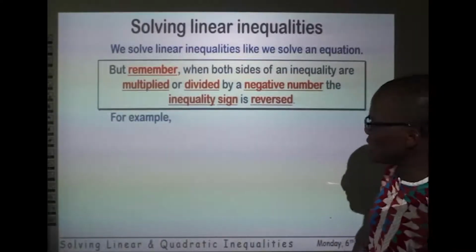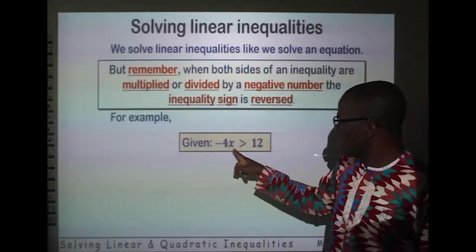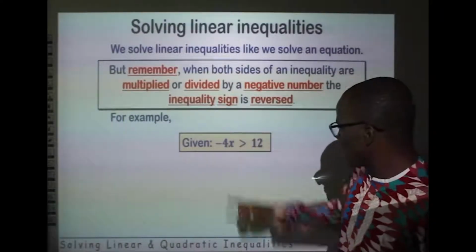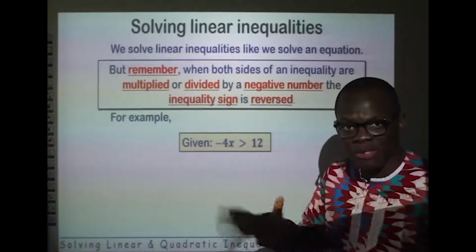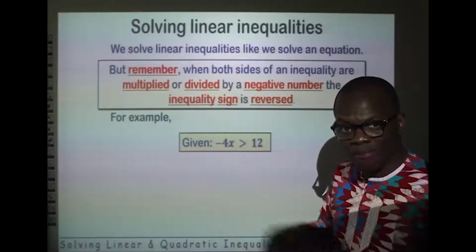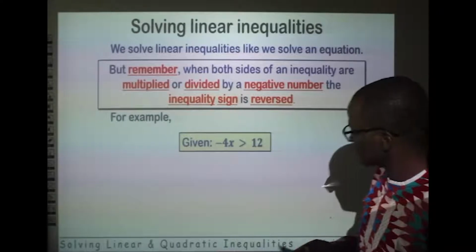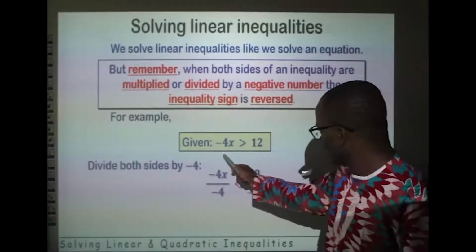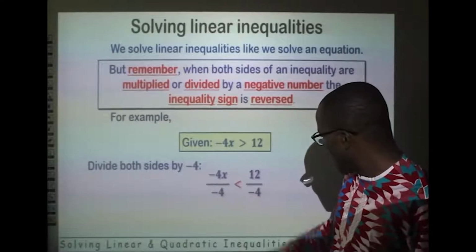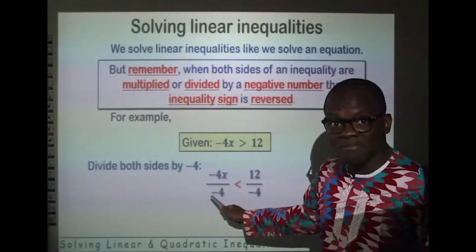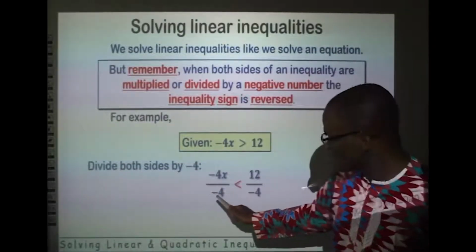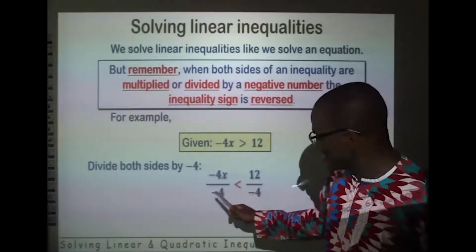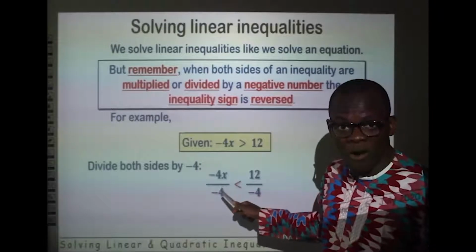For example, if you have minus 4x is greater than 12, now of course, to get x here, what do we do? Can anyone guess? You divide both sides by minus 4. Exactly. And you can see, because we're dividing by a negative number, the inequality sign will be reversed.